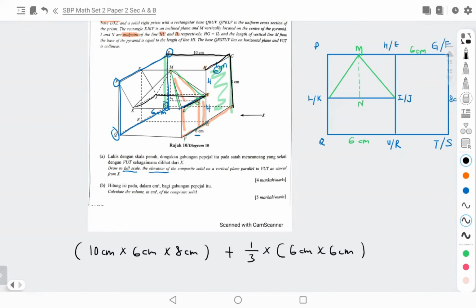Height of the pyramid from M vertically down will be 4 cm. So times 4 cm. So you have found the volume of the pyramid. So this one is the cuboid, and this one is the pyramid. So done. Then the next one is the prism.